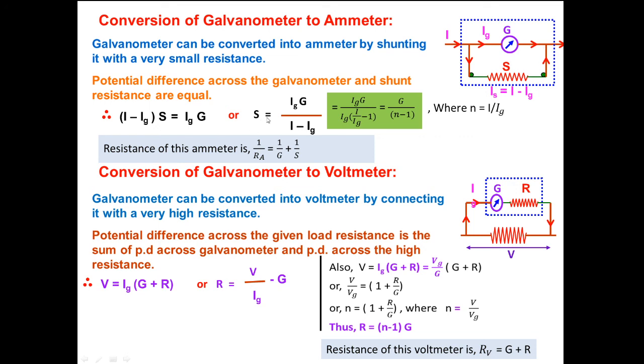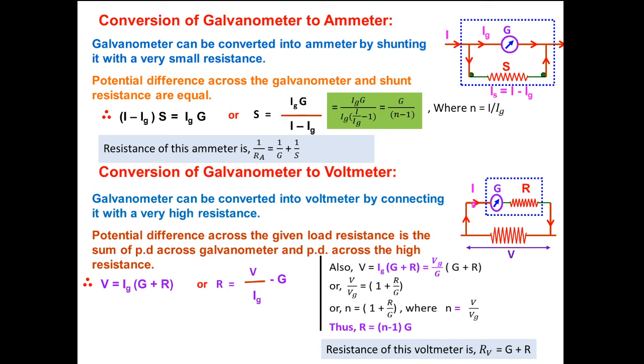From this S equal to Ig into G by I minus Ig. In the denominator we can take Ig as common and it will be I by Ig minus 1. The Ig in the numerator and denominator get cancelled. So this value will be G by N minus 1, where N equal to I by Ig.